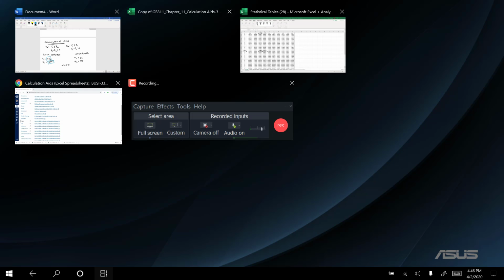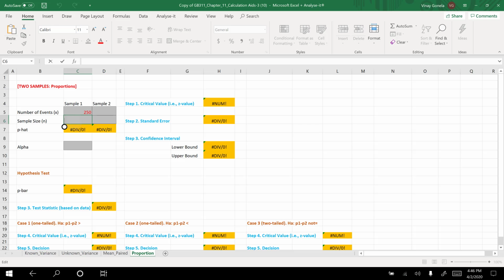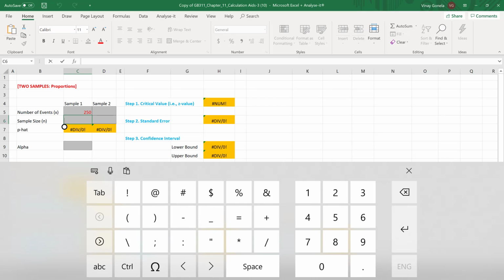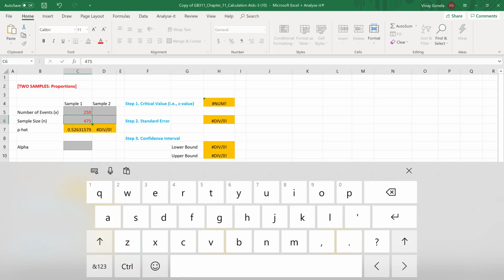So you see you got your p hat value here.